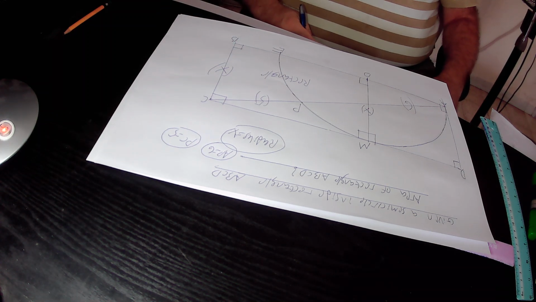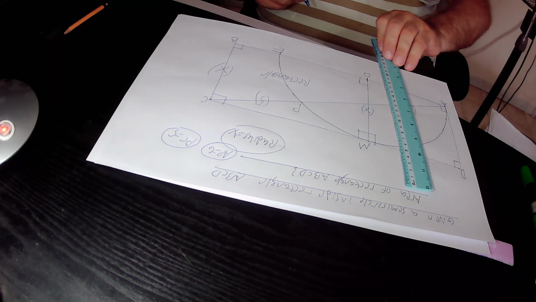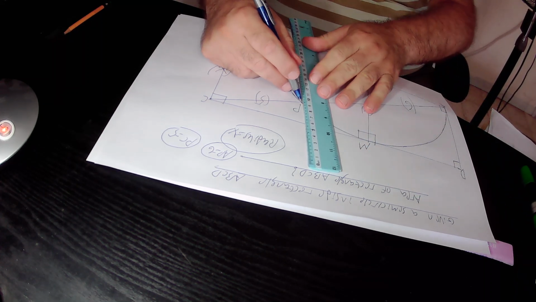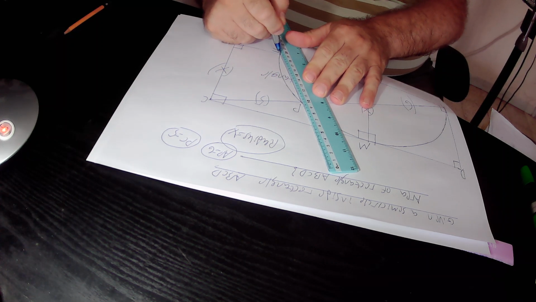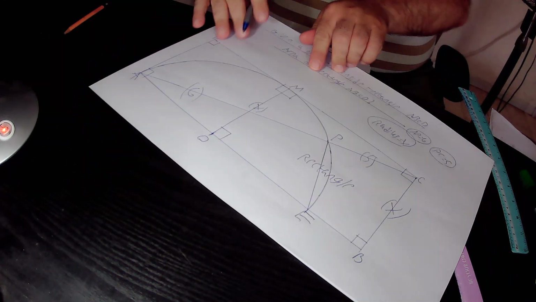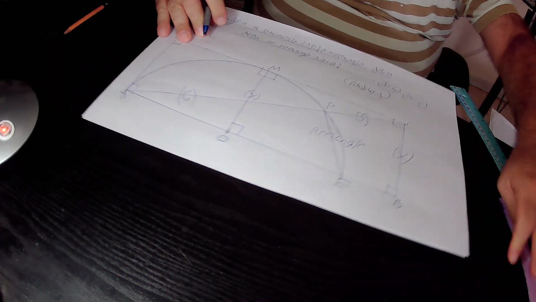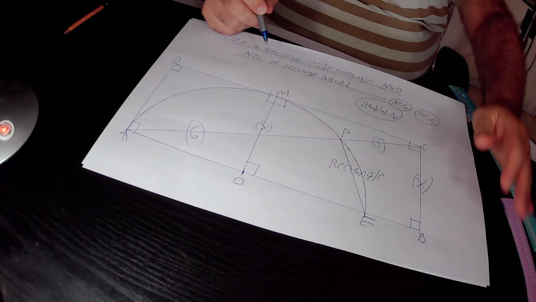In the next step, we join points P and A together by a straight line. So by doing this construction, we create peripheral angle APE. This is peripheral angle APE.